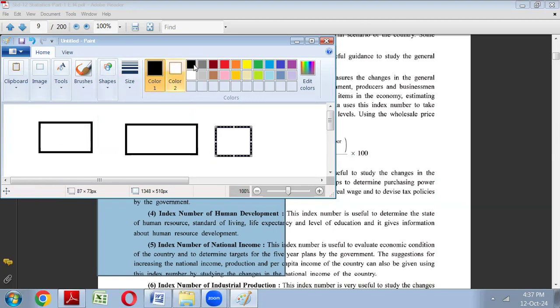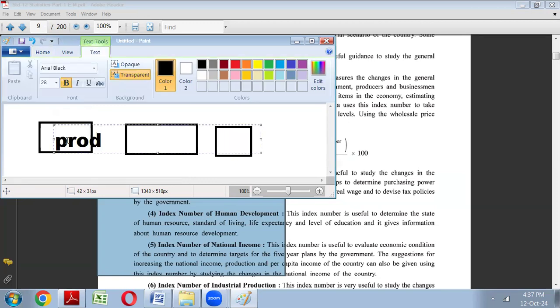Suppose here is the production, manufacturing.